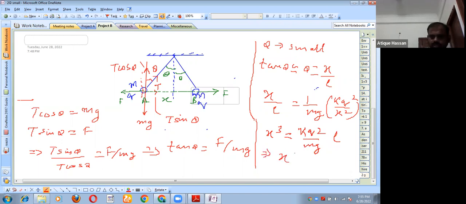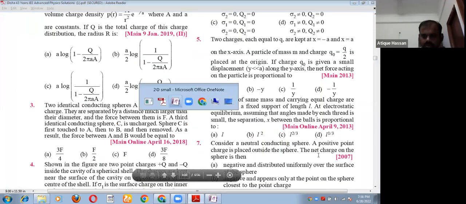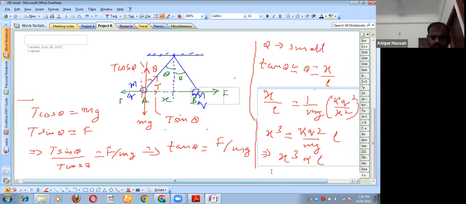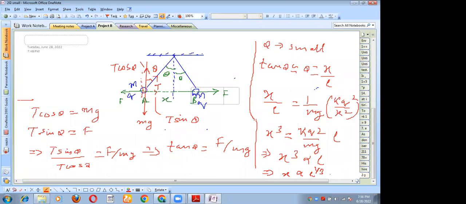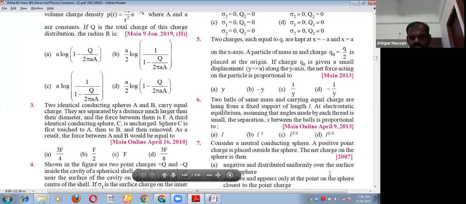So you can say x cube is proportional to L, since kq square by mg is constant. So x is proportional to L to the power 1 by 3. Getting my point or not? Which option is correct? Option D, L to the power 1 by 3.